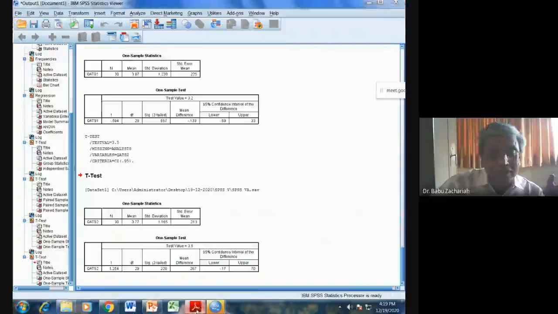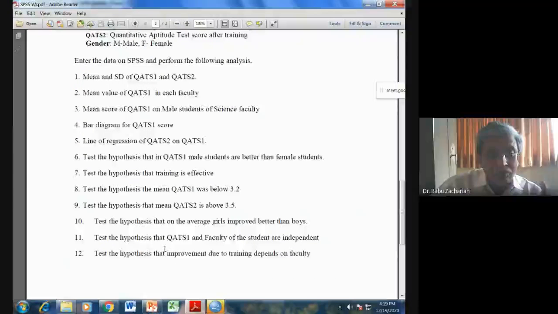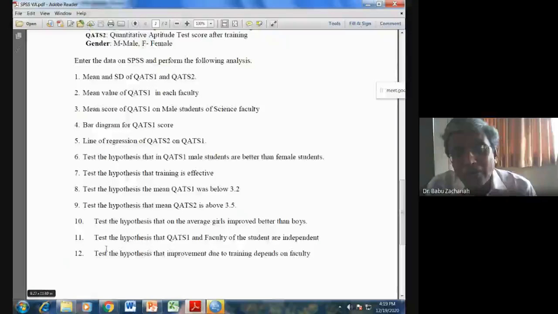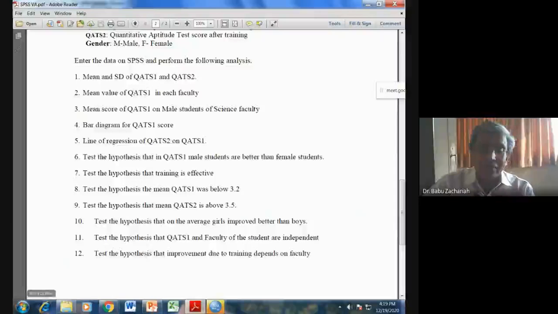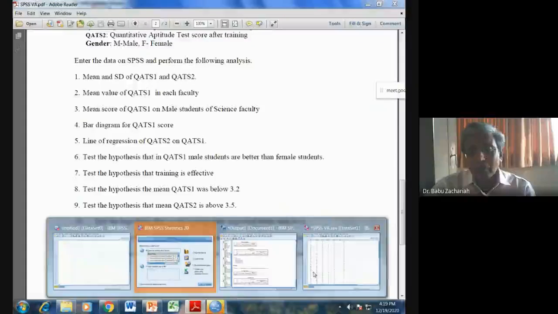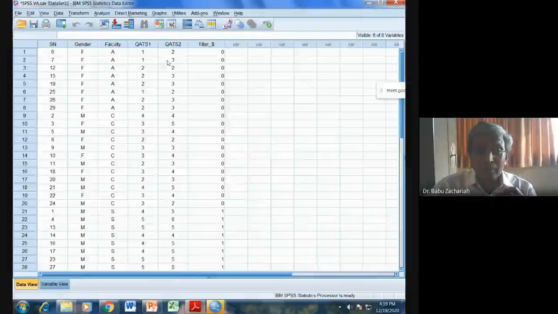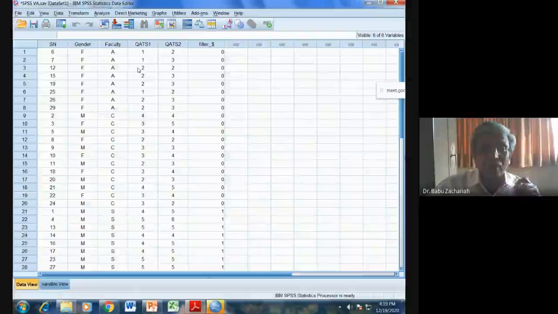Now come to the last one. Of course, there are further questions. Question number 10. Test the hypothesis that on the average, girls improved better than boys. So we need to calculate the improvement of all. That's a new variable to be calculated. So come here, and improvement means quartz 2 minus quartz 1.